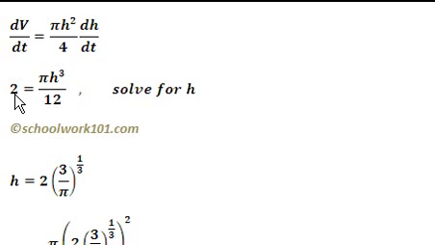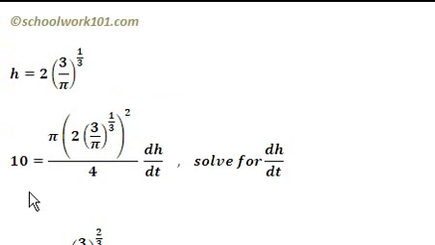The volume is 2, so we set this 2 equal to what the volume is equal to there, and then solve for h in this problem. We take this 12, bring it up, divide by pi, and then raise both sides to the 1/3 power, and that's what I've got going on right here.